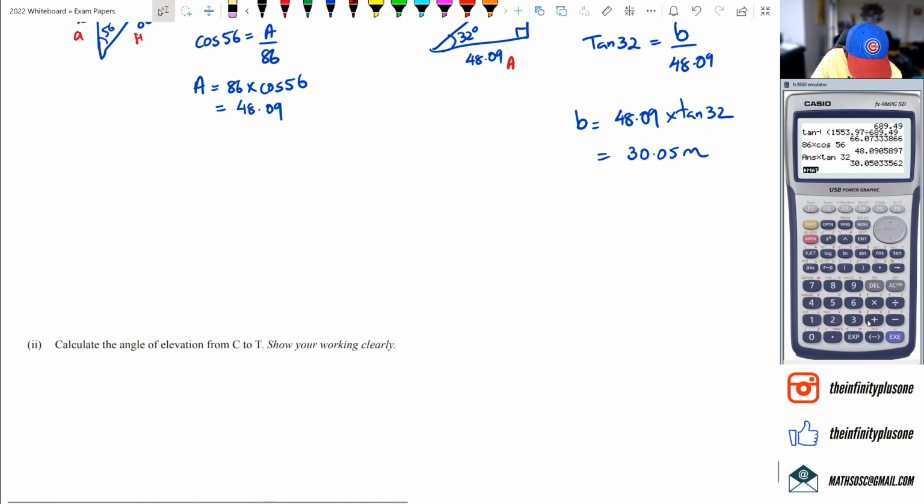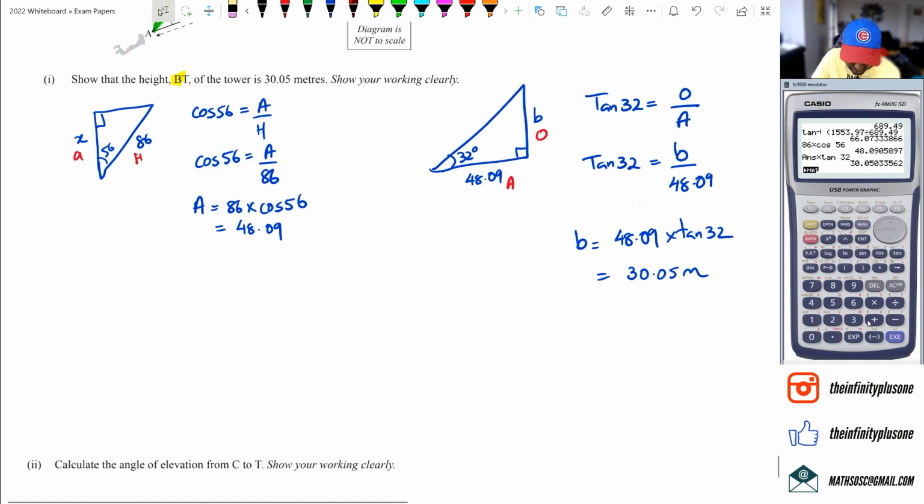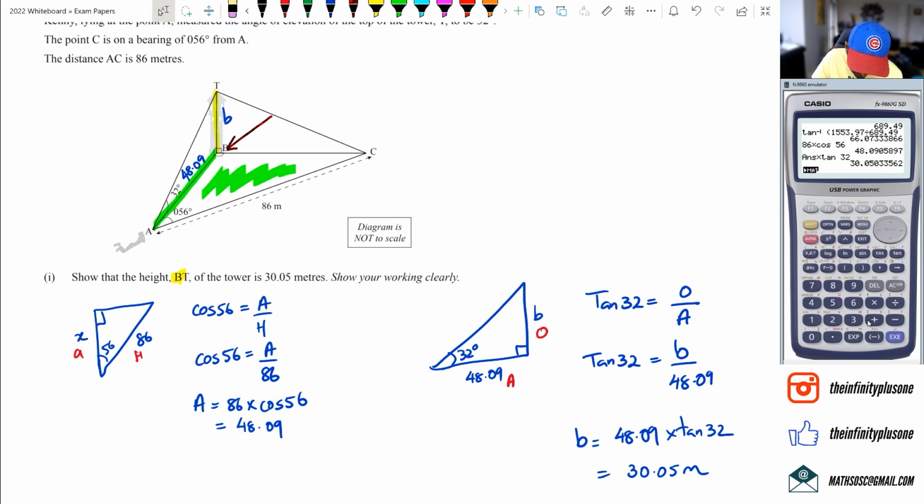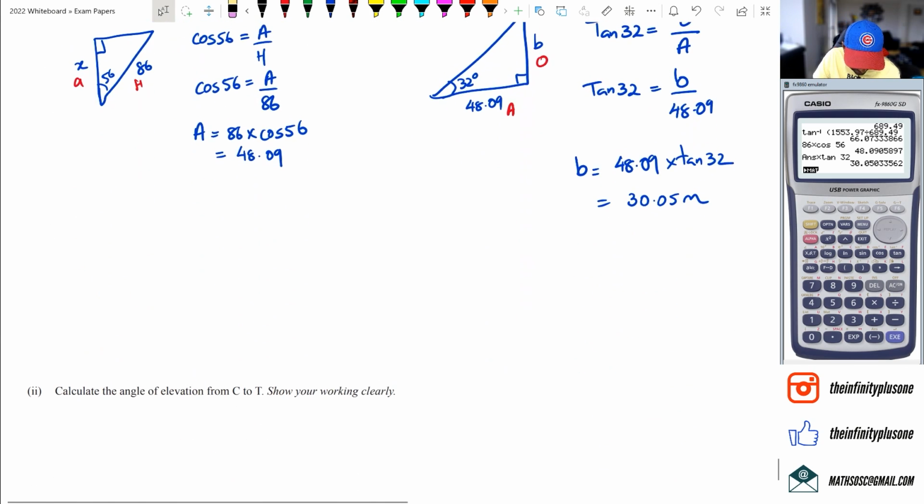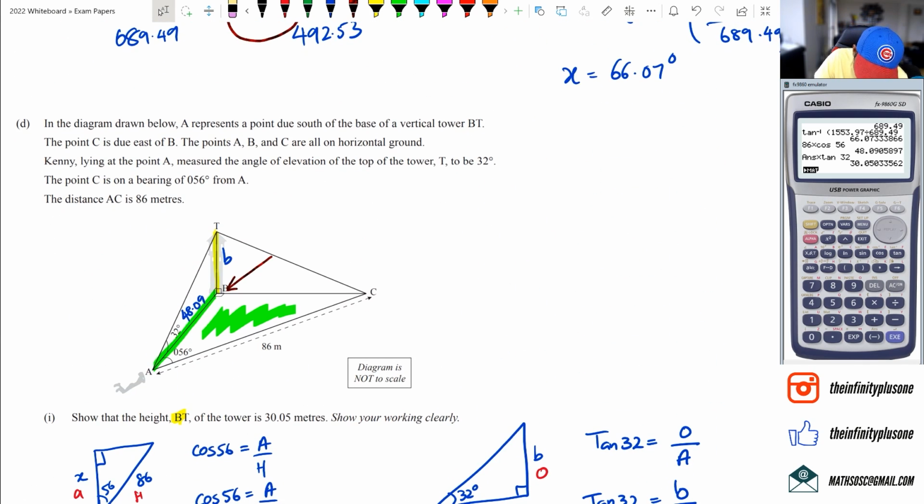It says calculate the angle of elevation from C to T. From C to T. Okay, if they're looking for the angle of elevation from C to T, they're looking for this angle here. So we've got a couple of extra steps to do because we've got this part right now, which happens to be 30.05.